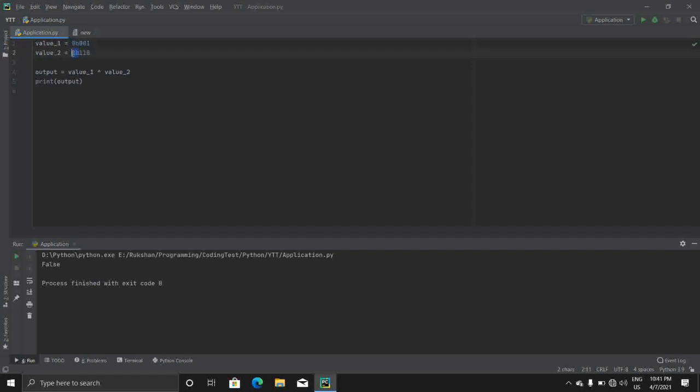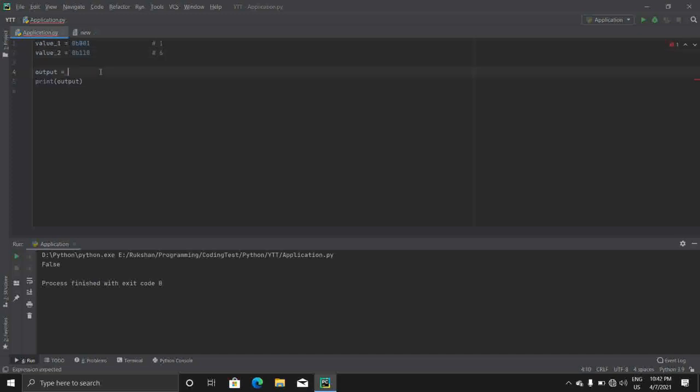This is a prefix that tells the interpreter we are going to pass binary numbers, right? Now the interpreter looks at this as a binary number. Now we have two binary numbers. Let me put in these integer values. This binary number equals 1 and this binary number equals 6.